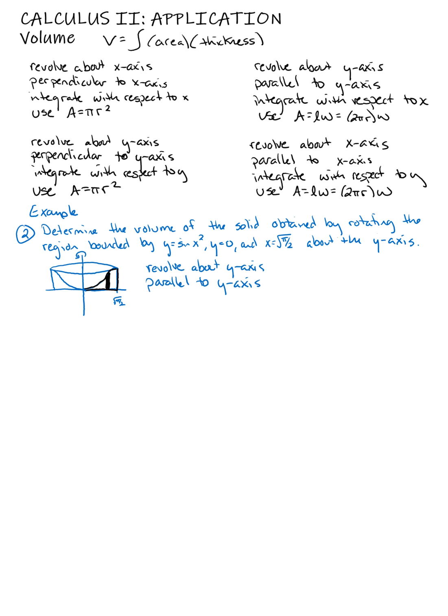So looks like we're going with that case, which means we will integrate with respect to x. And we will use that the area is equal to the length times width, although the length is the circumference, so I can change L to 2 pi r, circumference of the circle. By the way, this is known as the shell or cylinder method.